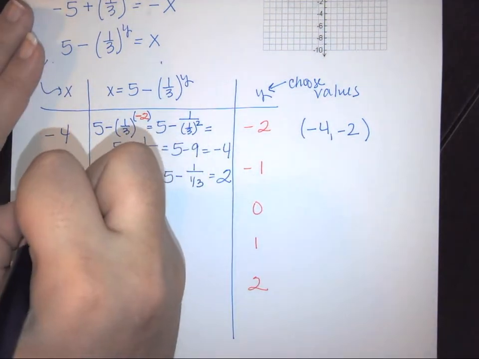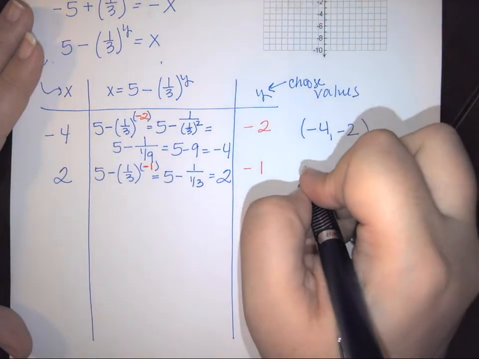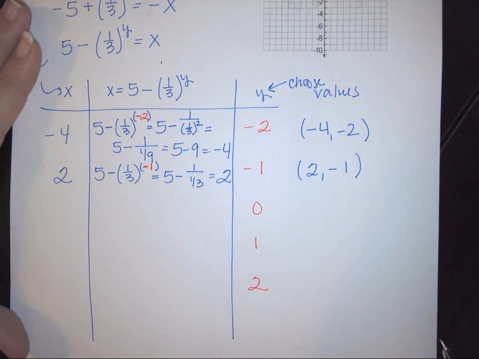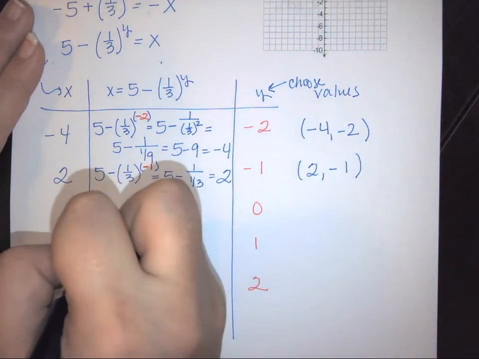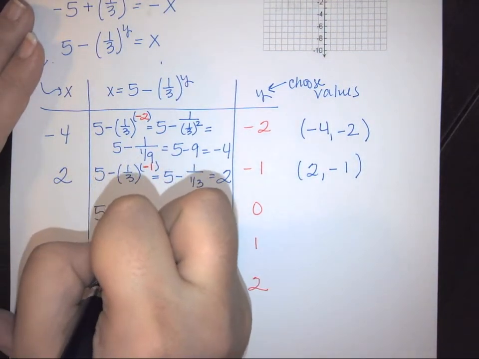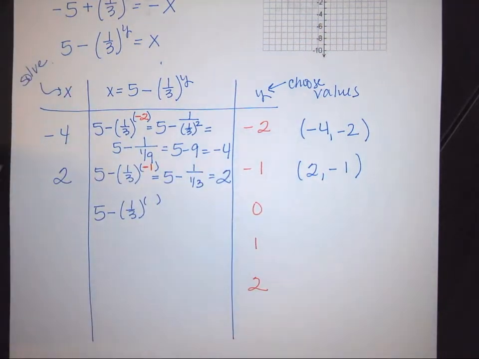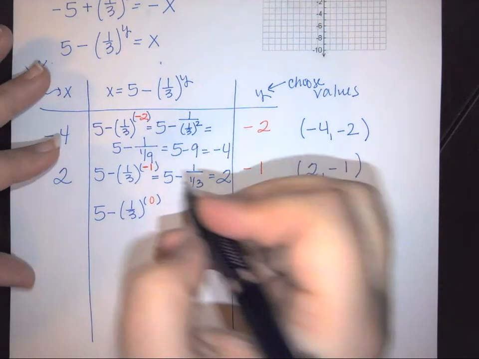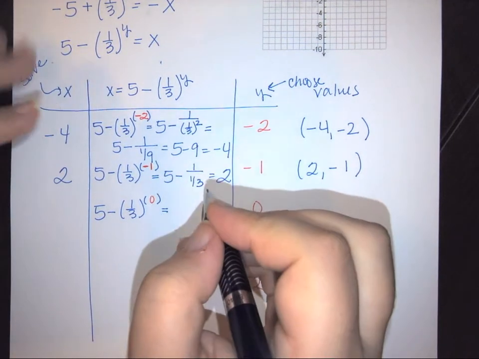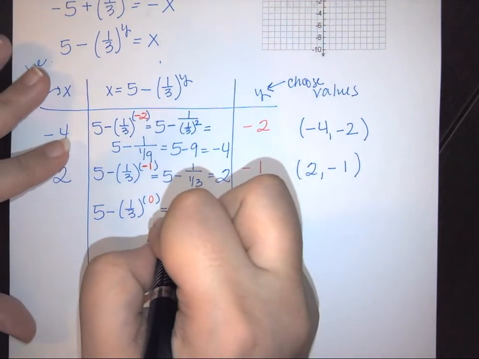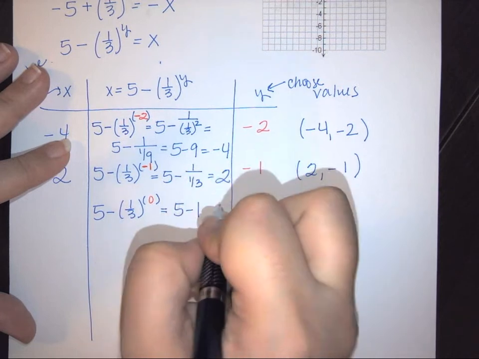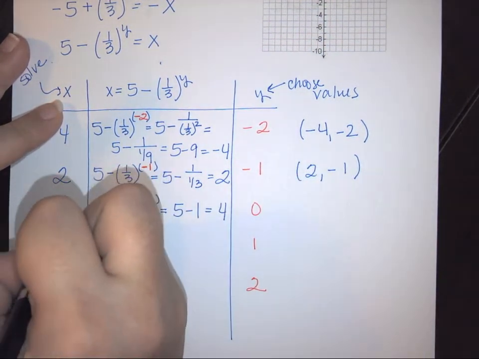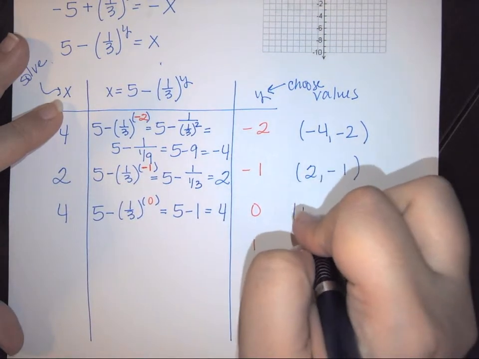So here I'm going to have the coordinate point 2, negative 1. Now I have 5 minus my 1/3 raised to the 0. So this is going to give me 5 minus 1, which equals 4. So I have the point 4, 0.